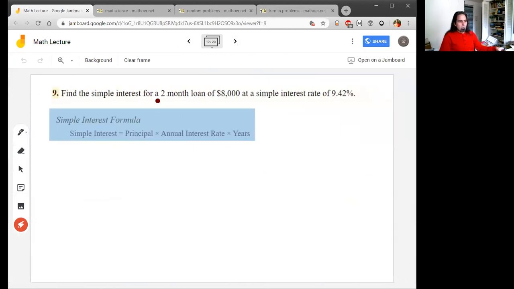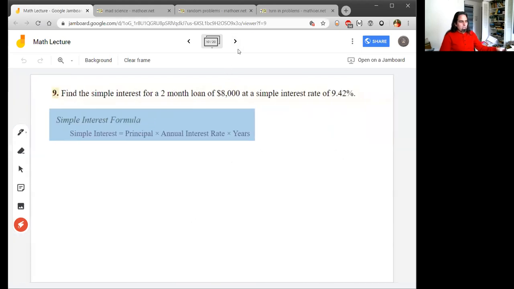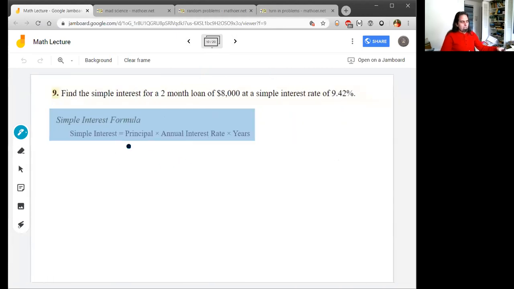Okay, I did want to do number 9 a different way though, because some people don't like jumping right away to plugging in the 8,000 and the interest rate and the years. What they want to do, which is a good thing, is to say if anything tricky happens, it's not going to be after we plug things into the formula. That's just the calculator doing lots of stuff. The trickiness happens as we plug things in. So let's write that out carefully.